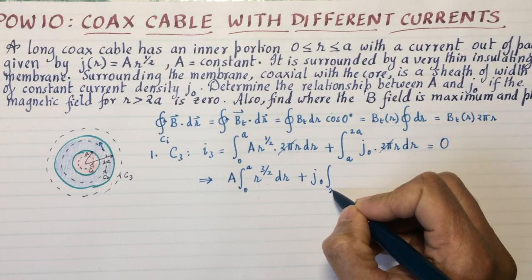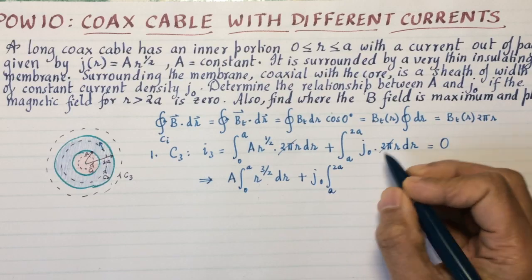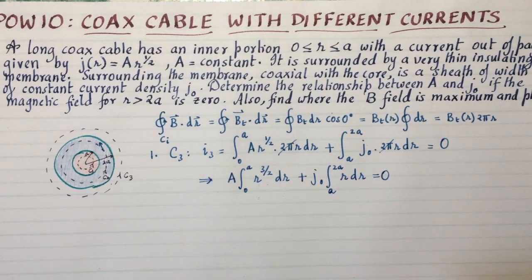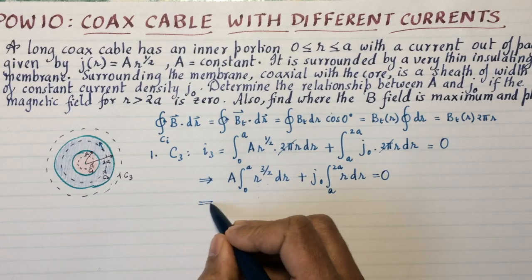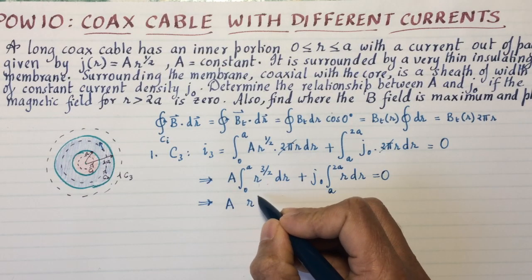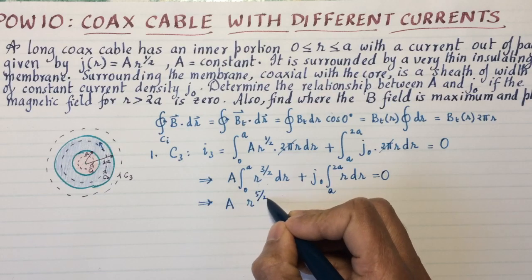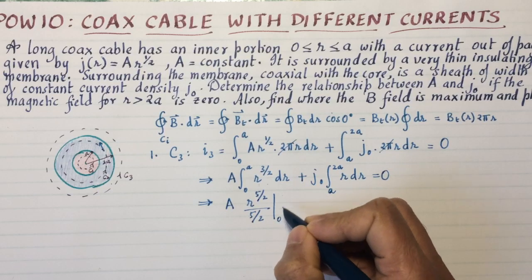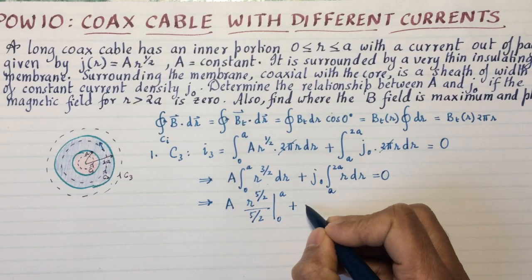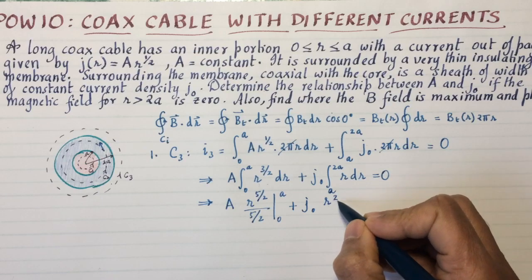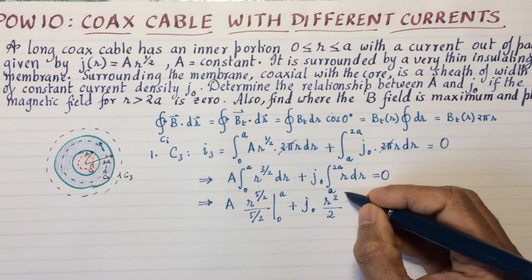And then I have a to 2a, r dr, must be equal to 0. That's A times r to the 3/2 plus 1 divided by 3/2 plus 1 by the rules of calculus. That's going to be r to the 1 plus 1 over 1 plus 1.